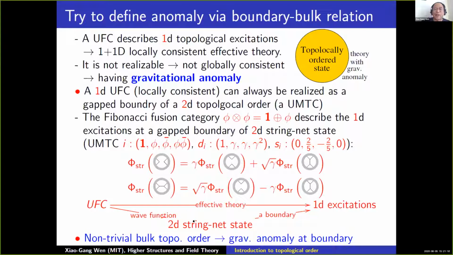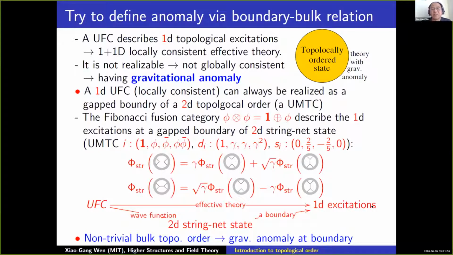We already saw this triangle in this morning's talk. Given a unitary fusion category, we have data with which we can design a two-dimensional string-net wave function, so this maps to a 2D wave function. And this unitary fusion category can also be viewed as a description of a one-dimensional excitation, and the boundary of this wave function happens to reproduce this 1D excitation.